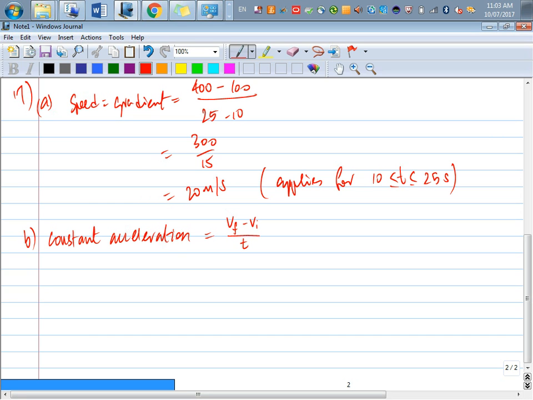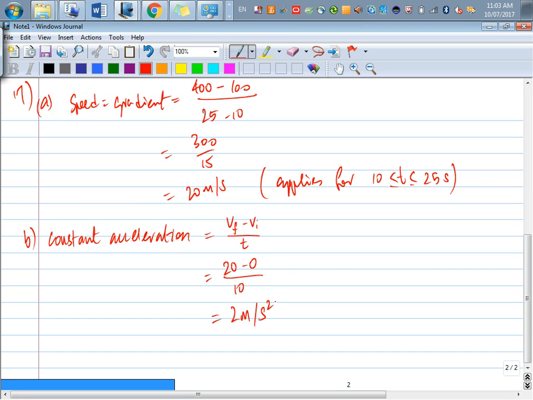So what is the speed at time equals 10 seconds? 20. So that is the final speed at time equals 10 seconds, right? Okay, so what is the initial speed now? Yes. What is the time taken? 10. So what is the acceleration? 2 meters per second squared.